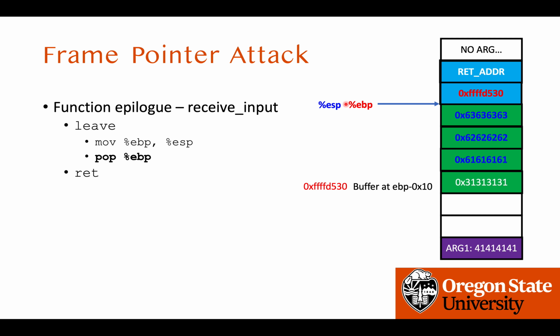Then pop EBP will move ESP plus 4, and then EBP will be changed to this value. So now ESP points to where the return address is stored, and the EBP will point to the start of the buffer in the stack, because we changed the saved EBP to the address of the start of the buffer. And then it returns to the original return address.